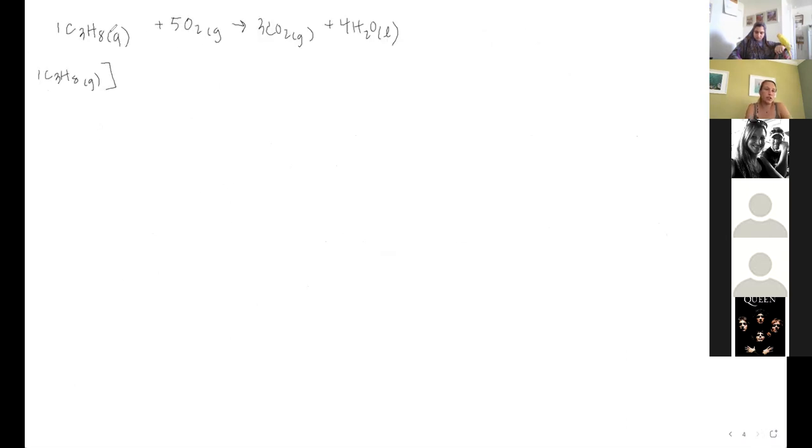So this equation becomes 1 C3H8, 1 mole of propane, goes to 3 solid carbons plus 4 hydrogen gas. And the delta H here becomes the negative delta H of formation for propane, which would be positive 103.85 kilojoules per mole. But we have 1 mole, so it's really just kilojoules.